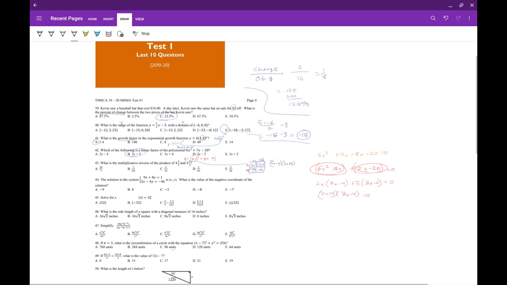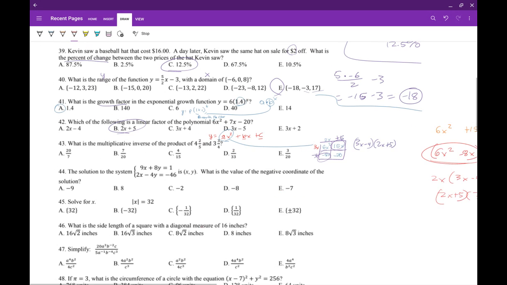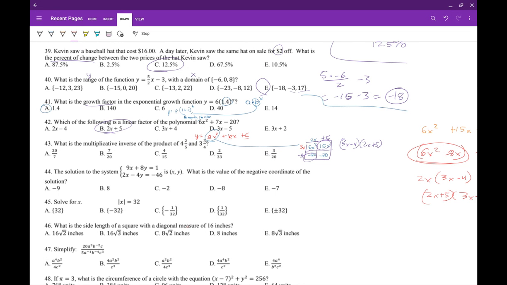Okay. Now question 44. It's a system of... I skipped 43. So 43 is talking about the multiplicative inverse of the product of 4 and 2/5 and 3 and 3/4. So let me make some room.